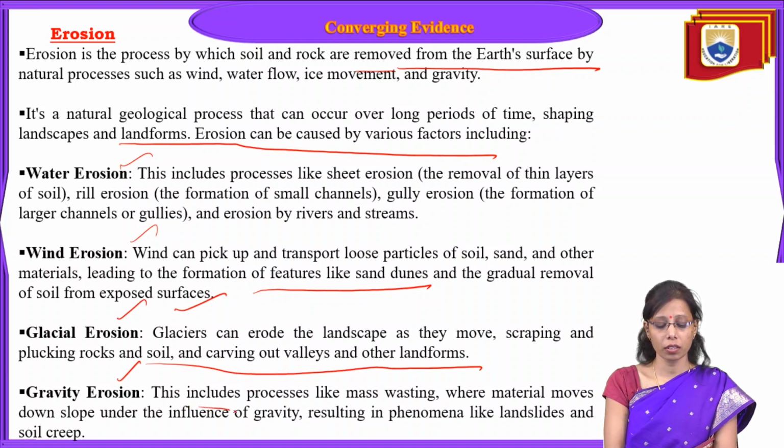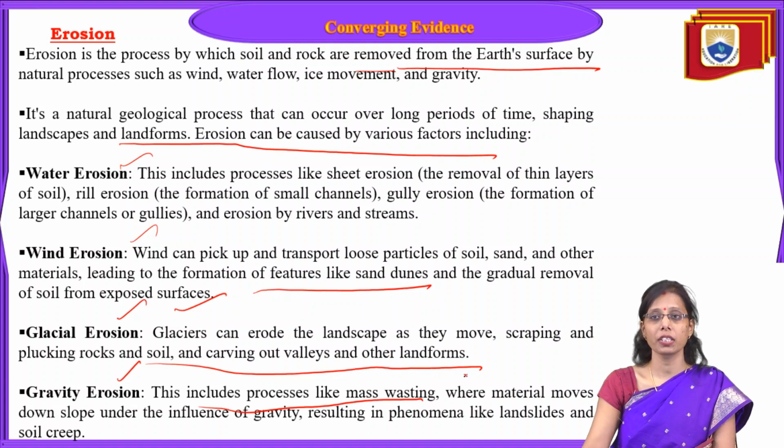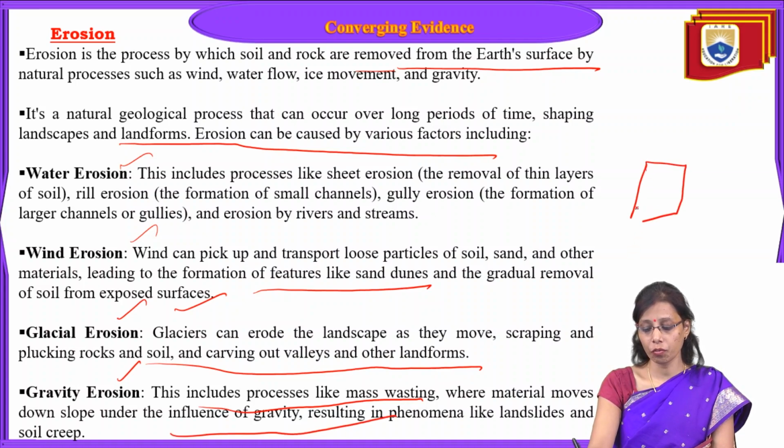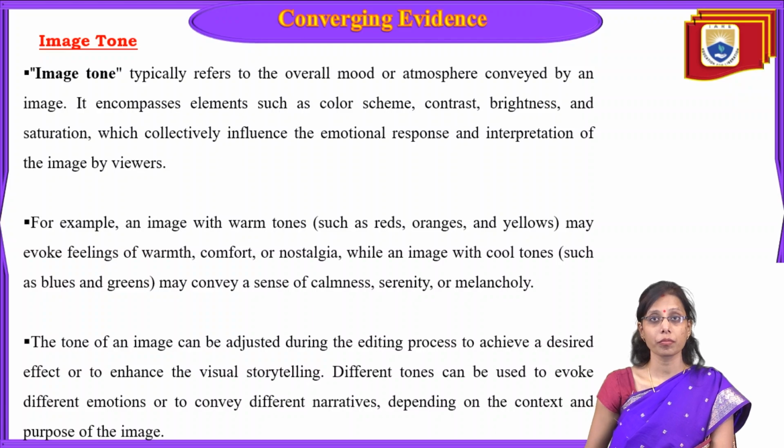Gravity erosion includes processes like mass wasting, where material moves down slope under the influence of gravity, like a huge mass of material moving. This is called mass wasting, resulting in phenomena like landslides. So landslides happen due to this mass erosion or gravity erosion.